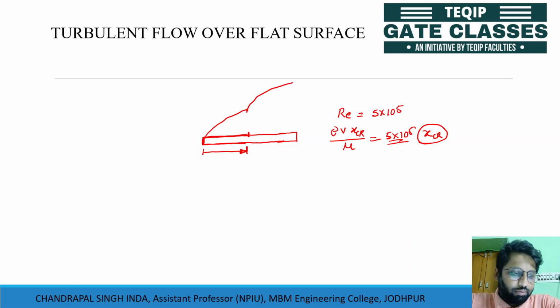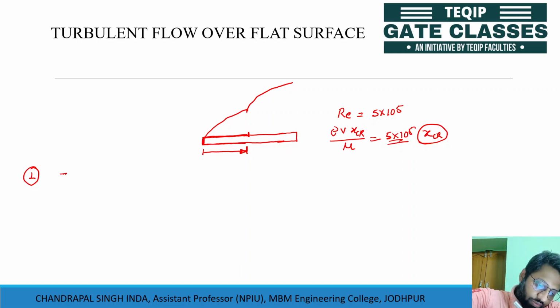Here we can have two methods. When the critical length is very much less than the length of the plate, the laminar flow is not to be considered. This type of flow is considered as fully developed turbulent flow.